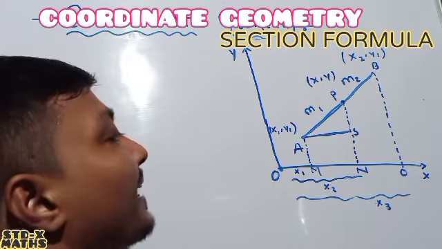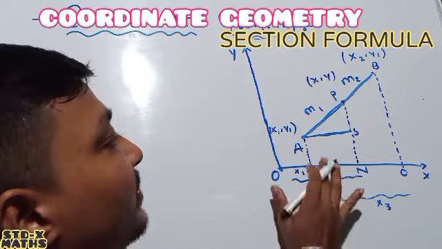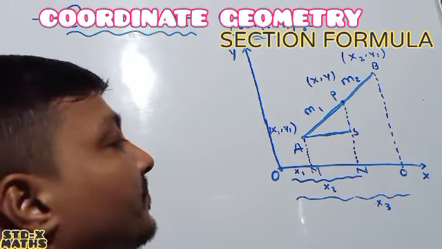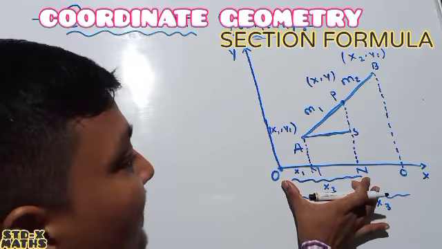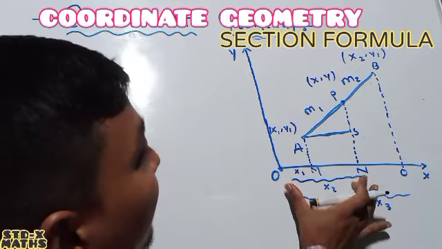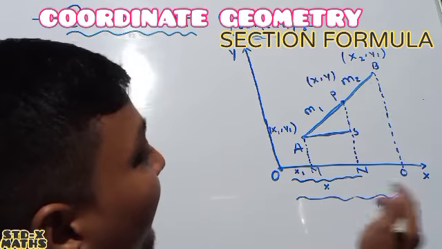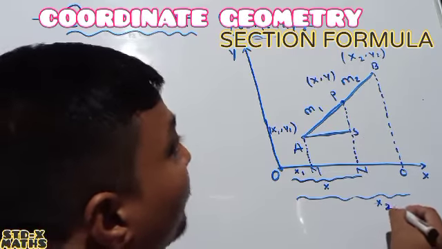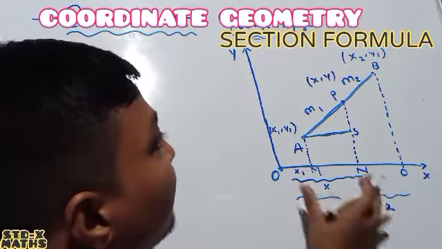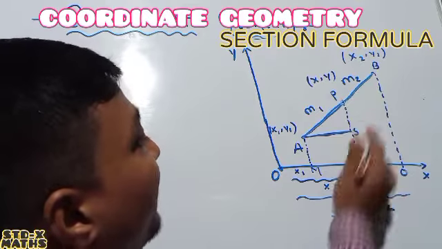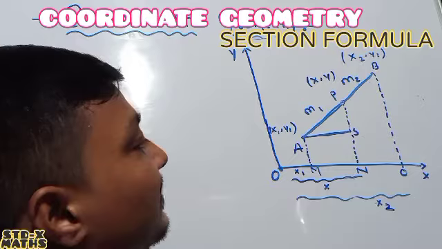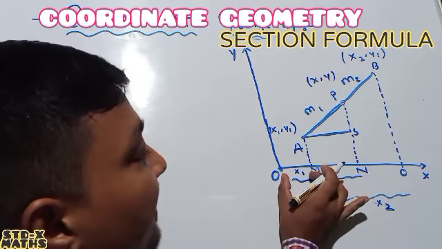It means AS is perpendicular to PN. Previously, this one is our x2, this coordinate is x, y, which means this distance is x, and this distance is x1.